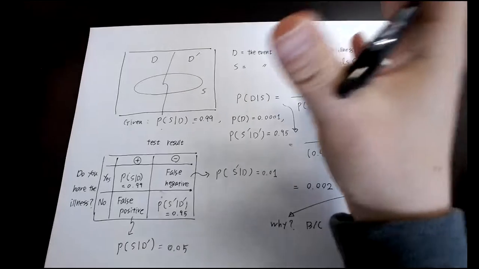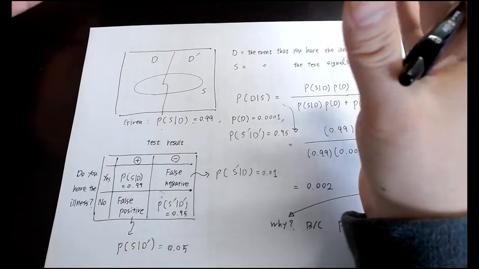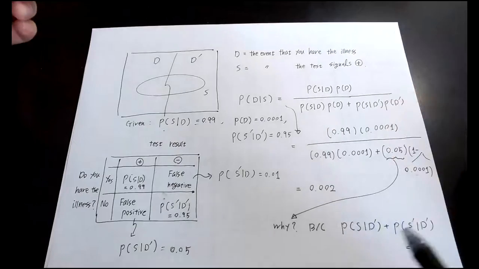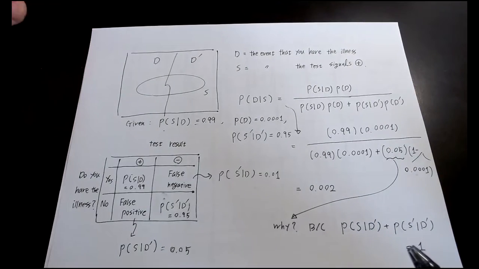Reduce the sample space. What that means is, when you calculate probability, we use classical probability.